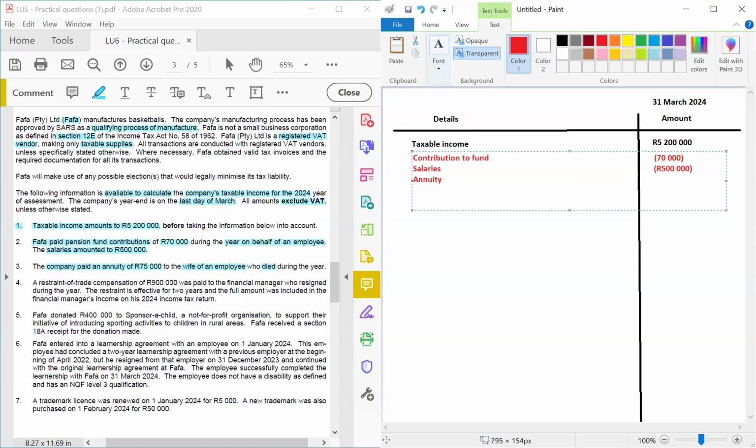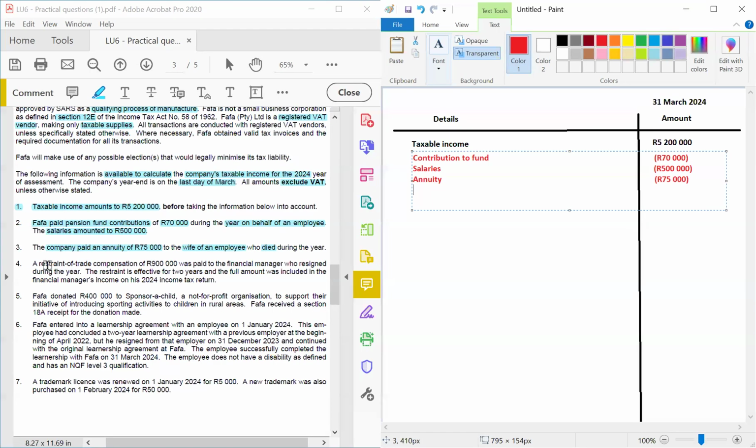So this annuity would be 75,000, right? So now that being 75,000, let me move to number 4.